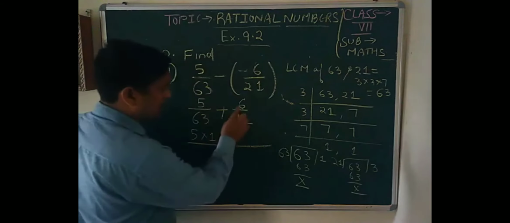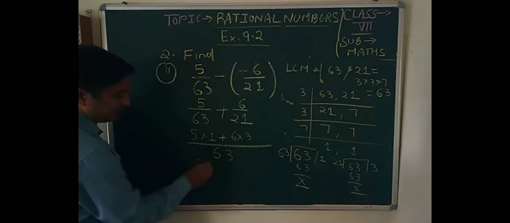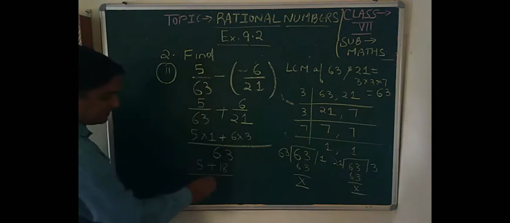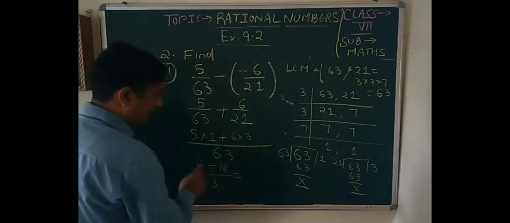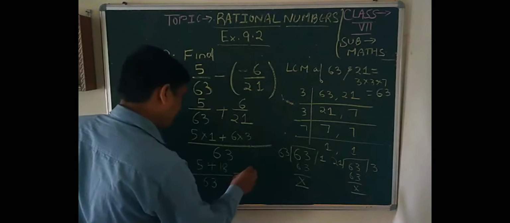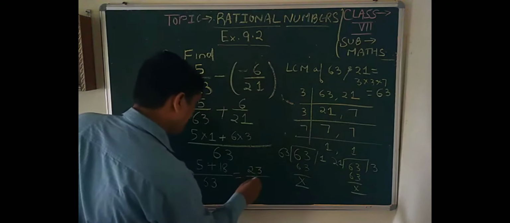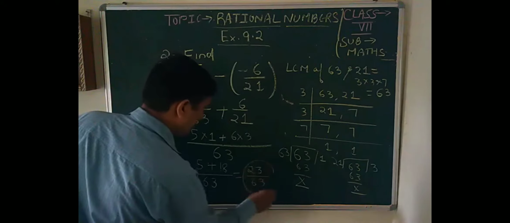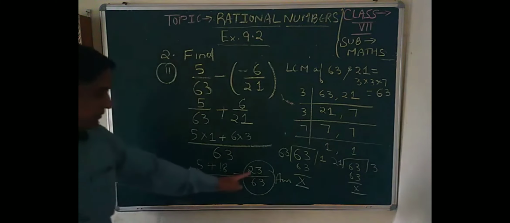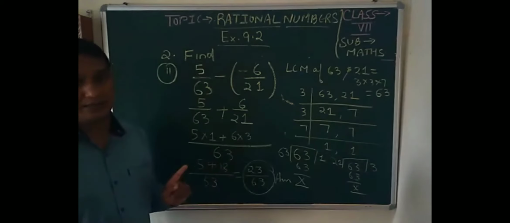Now it becomes 5 1s are 5 plus 6 3s are 18 upon 63. 18 plus 5 becomes 23 upon 63, and both are not divisible. They can't be divided, 23 and 63.